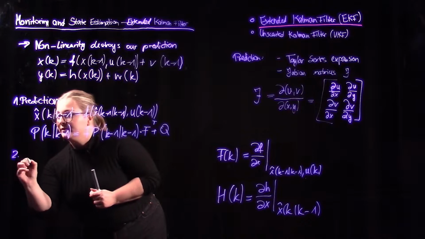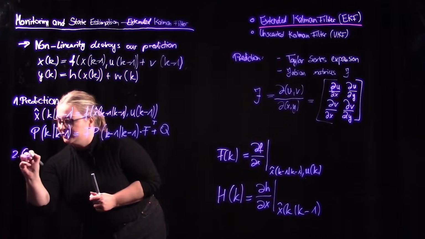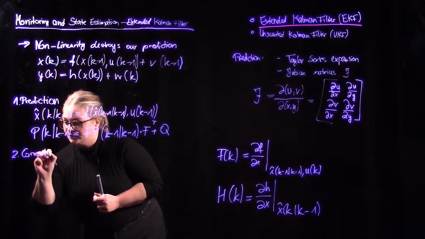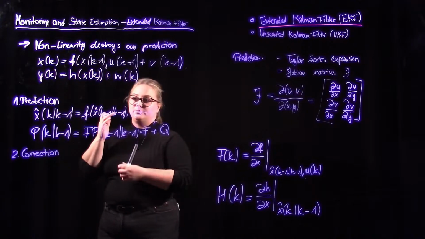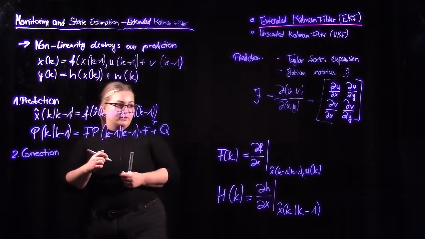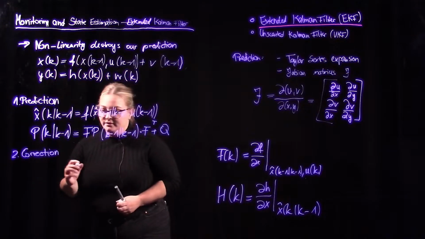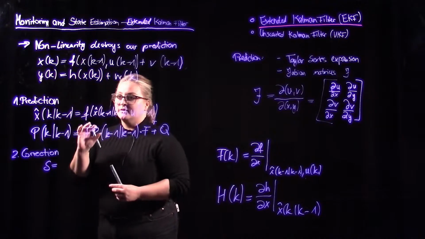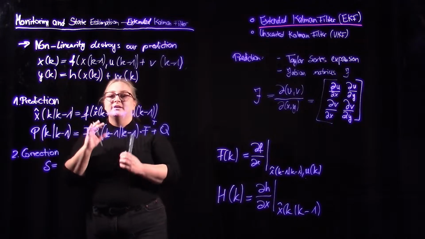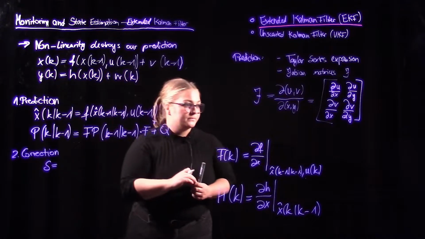So we do have our prediction. Then again, we need to correct this state so that it better fits as an estimation. For this again, we do have a calculation as for S, which we use for notational purposes.